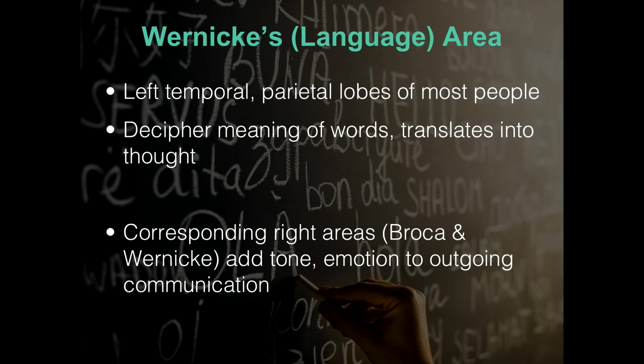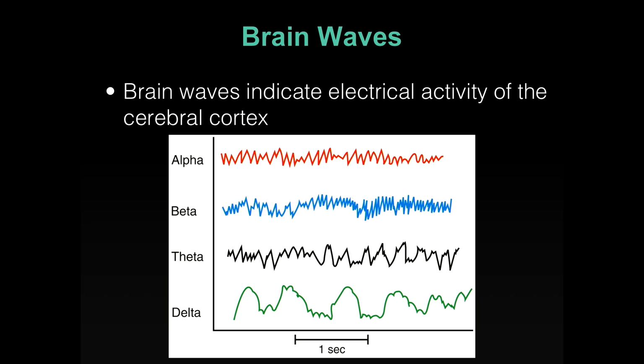Before we round out the chapter, I also wanted to just take a moment to talk about brain waves. As you make a thought or formulate a thought, as you interpret sensory information, it's the net sum of the firing of neurons in those areas that allows us to make a memory. What is that? Interesting.